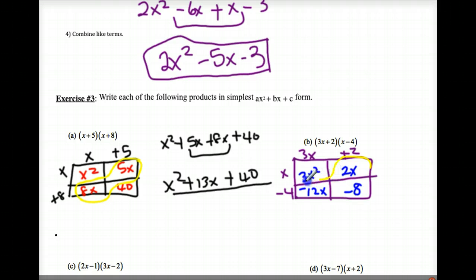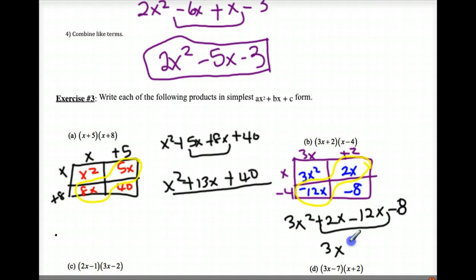Again, these are my like terms, and I want to add these together. So I have 3x squared plus 2x minus 12x minus 8. Since these are my like terms, I'll combine them. So 2 minus 12 is minus 10x, minus 8. And there you go. This is my final answer.